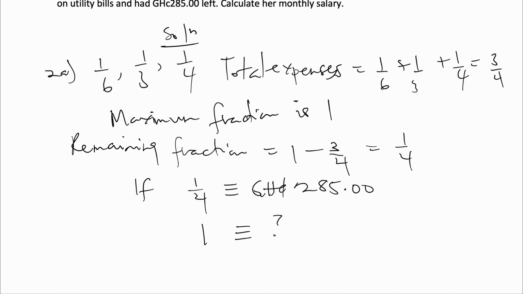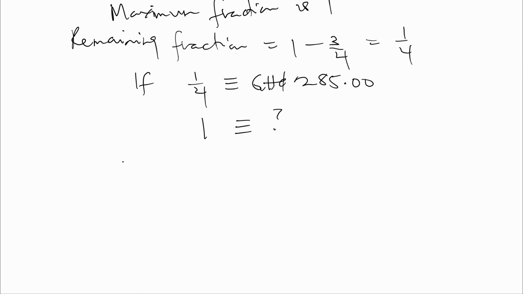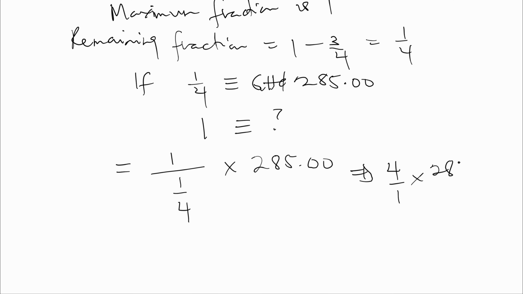More or less by division, this will be equal to 1 all divided by 1/4 times 285.00. Now 1 divided by 1/4 is the same as 4/1 times 285.00.